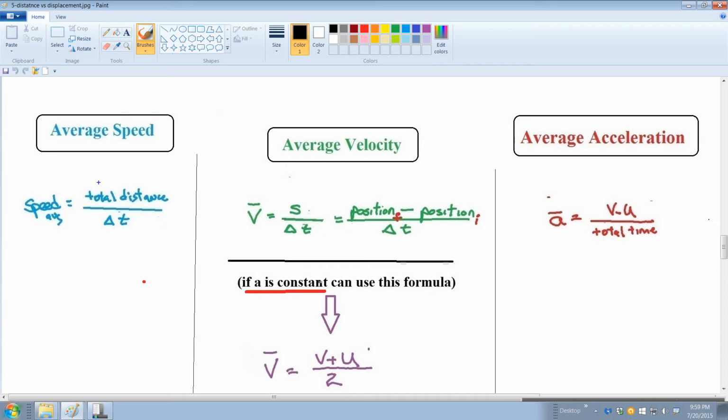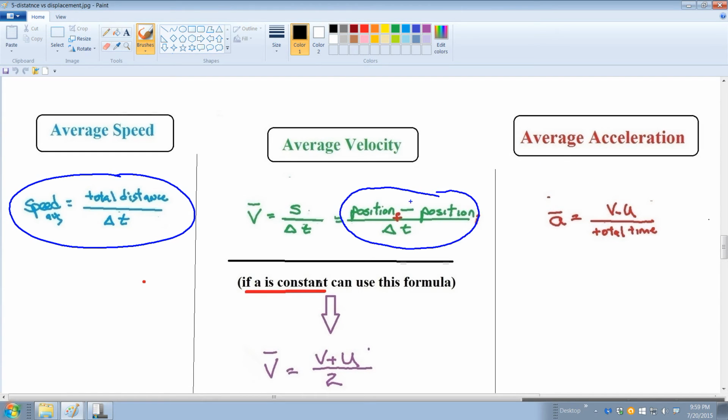The definitions for average speed we already mentioned: total distance, or the actual path, divided by time. We mentioned this one, that velocity is final position minus initial position over time. You could just put S for displacement, that's the same thing.